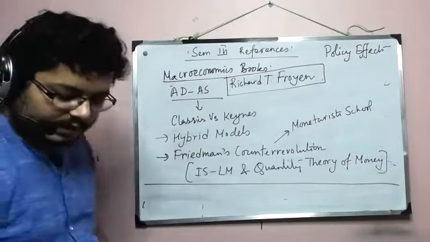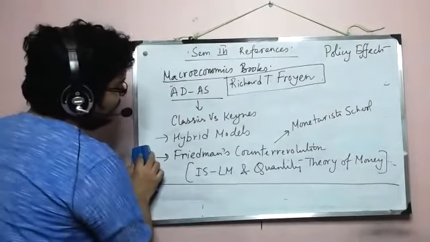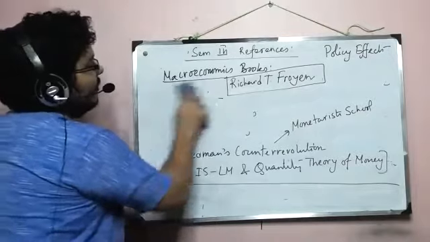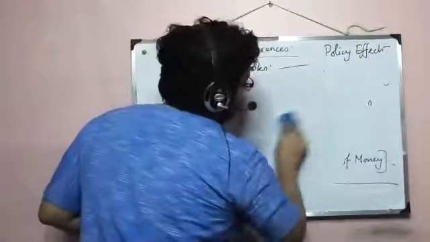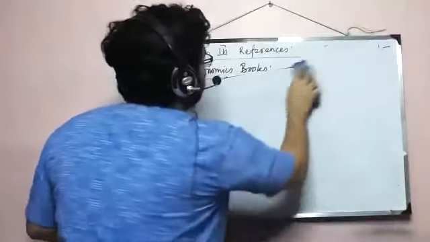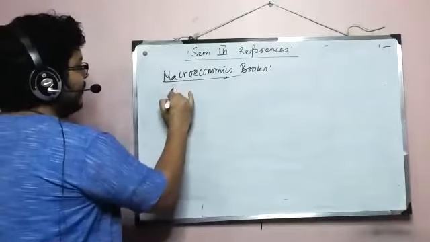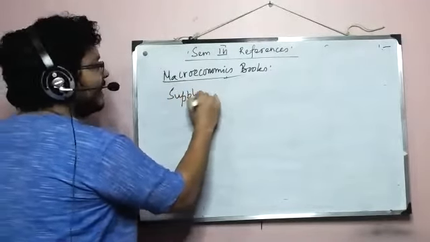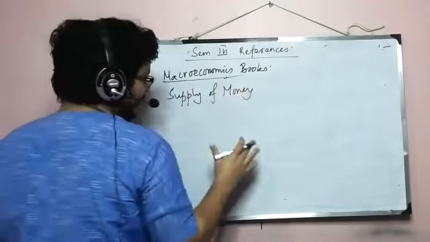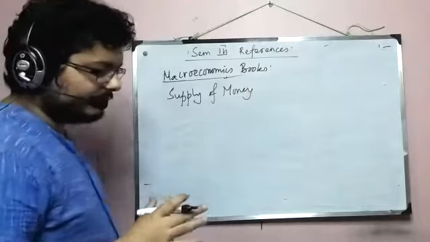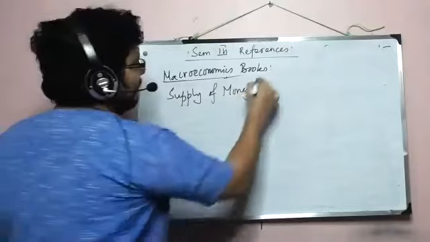Okay, now apart from this, we have two other things. One which you have not studied yet is the supply of money, a topic which forms the basis of macroeconomics.